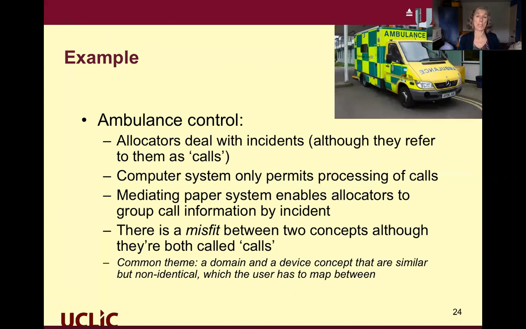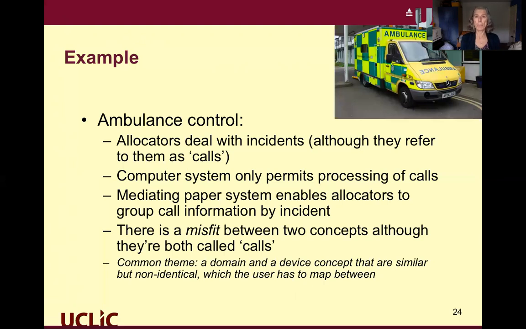So at the time that we did this study, which was a few years ago, but not that long ago, they actually worked with a paper system whereby they printed out a sheet relating to each call, and then they would look at calls that were in the same place, describing the same kinds of symptoms at the same kind of time, and decide whether they referred to the same incident or not.